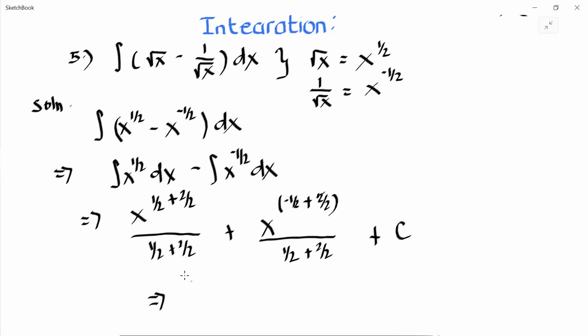Therefore, the final answer is, this is 2/3, because this is 3 over 2, reciprocate 2/3, x raised to 3 over 2 plus this is x raised to 1 half, reciprocate 1 half, that is 2, plus some constant c.